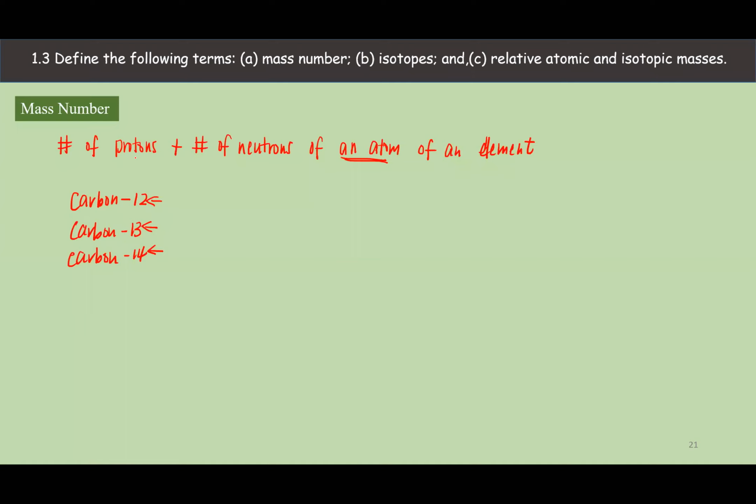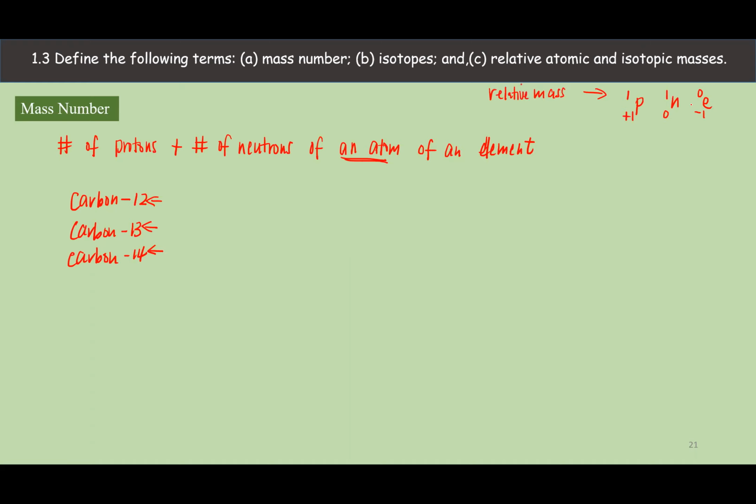Now the reason why you add protons and neutrons to give you the mass number, and not electrons, is that if we go back to our table, we see that a proton has a mass of 1 and a charge of positive 1. Neutrons have a mass of 1 and no charge. And electrons have a mass of 0 and a charge of negative 1. So the top value is the relative mass.